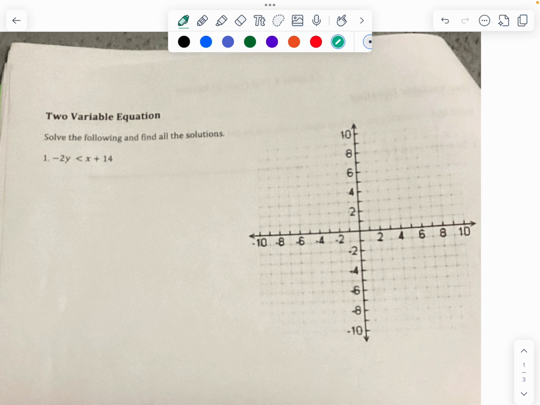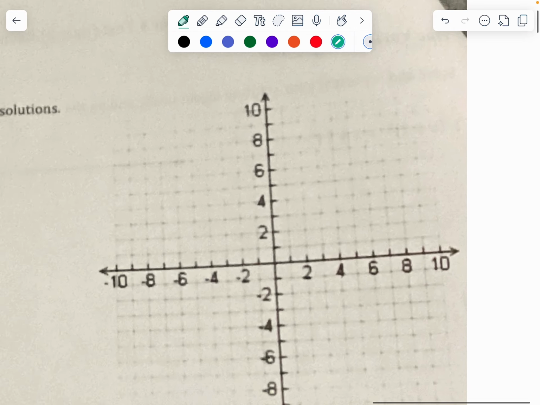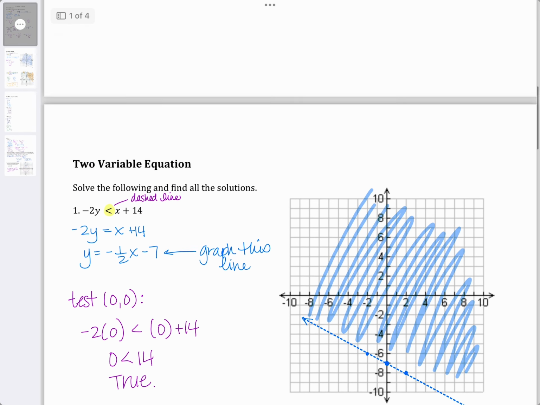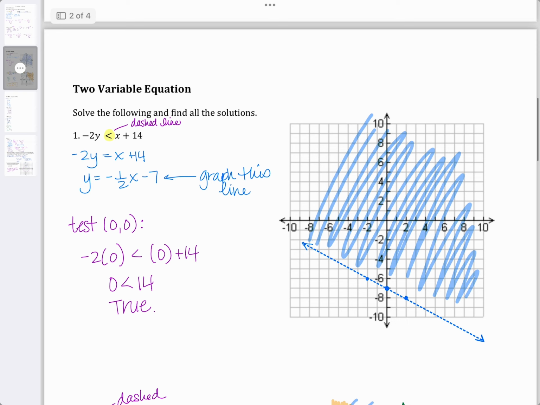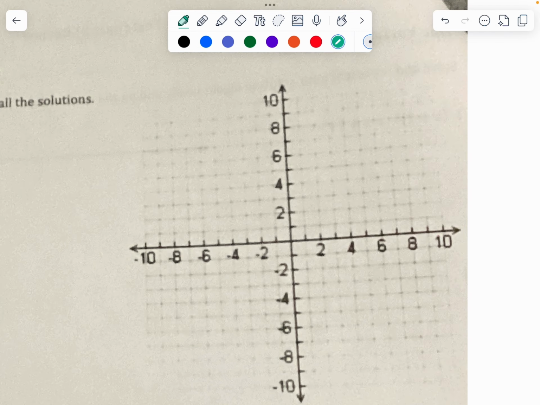Okay, I'll go to this problem. Negative 2y is less than x plus 14. So I'll graph x plus 14 first. You've got to solve for y first.